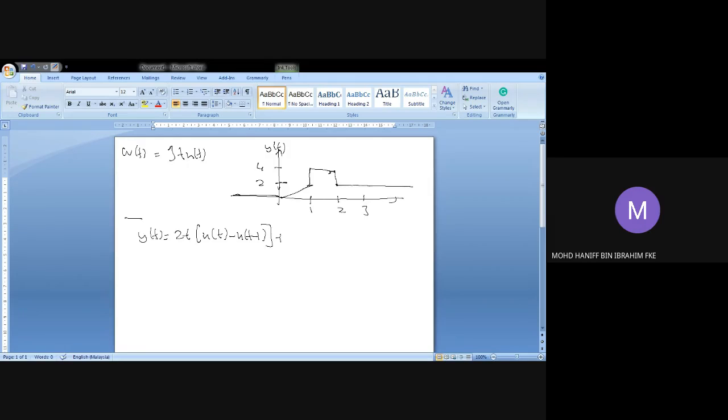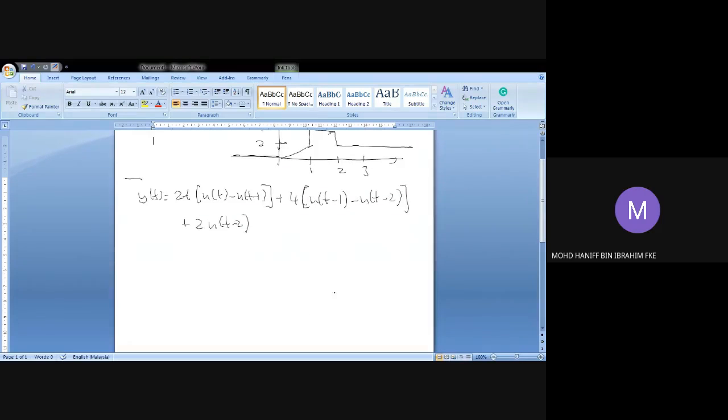For the second one, between 1 and 2, that should be 4 of ut minus 1 minus ut minus 2. And then for the third, which is from 2 onwards, that should be equal to 2 ut minus 2. So you got the point there.